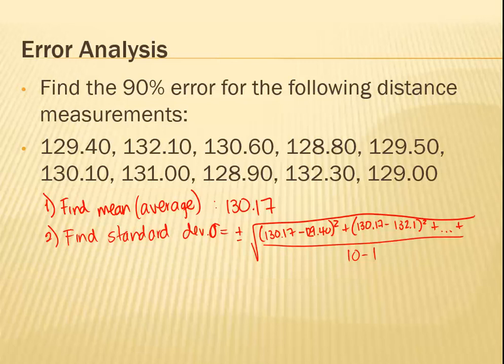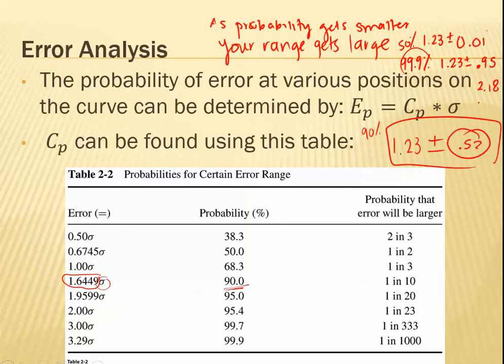And finally, the error at 90% is equal to C90 times the square root of 15.014 over 9. That's as far as I have gotten with this part. And let's find out what C90 is. So we'll have to go back to that table.